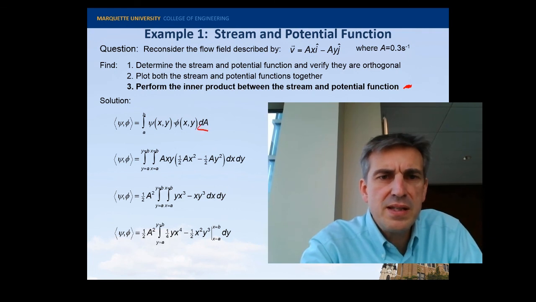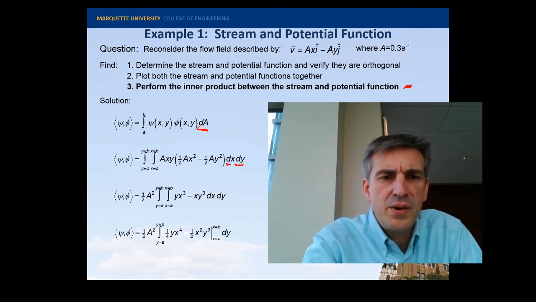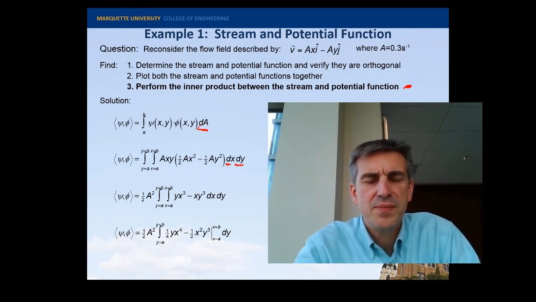So notice I've expanded this differential area in terms of its components, dx, dy. So this turns into a double integral. And then I integrate with respect to x first. So there's my antiderivatives. And then I evaluate this over the interval from a to b.